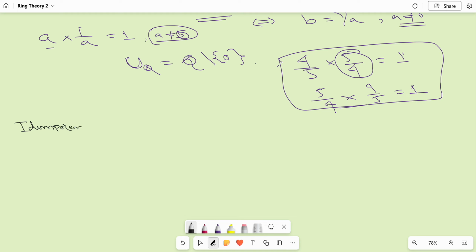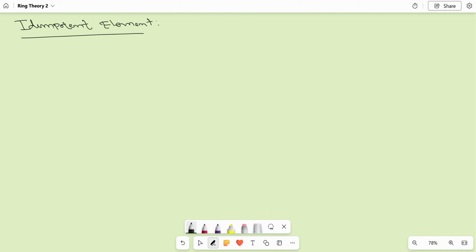Idempotent element. Units are clear, right? And idempotent element. So, it is a definition: let (R, +, ·) be a ring.